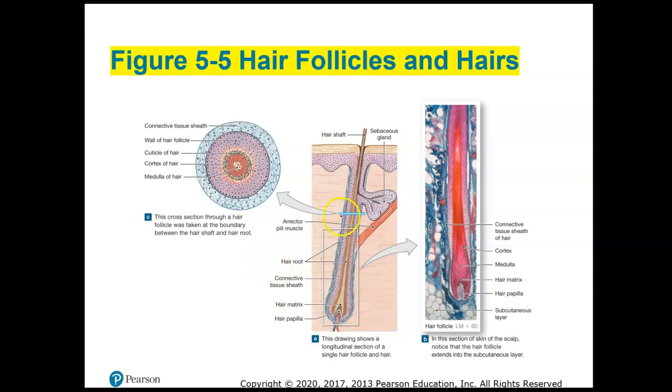If you do a cross section through the hair follicle, you can see the connective tissue sheath on the outside, and then you can see this would be called the hair cuticle, the cuticle of the hair, the cortex of the hair and the medulla of the hair. The hair root is this part in the center of the hair shaft.